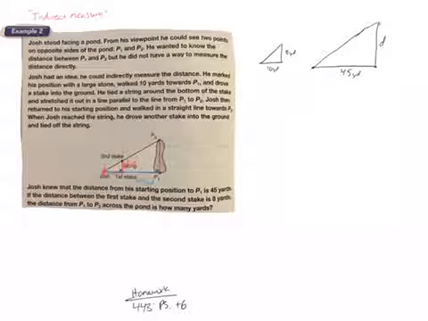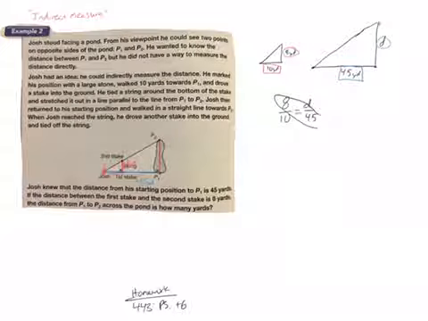So we're going to do something similar. The height over the length is going to equal the height over the length. So I'm going to say 8 over 10 is equal to D over 45.